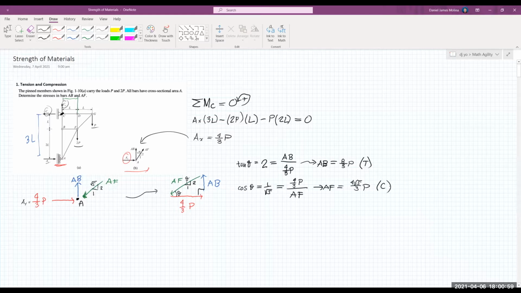Okay? And then finally, since we are trying to solve for the stresses, then we will use the simple formula, that is the force over the cross-sectional area.